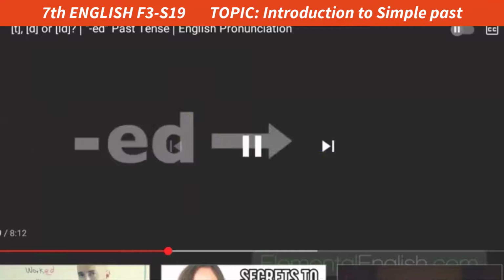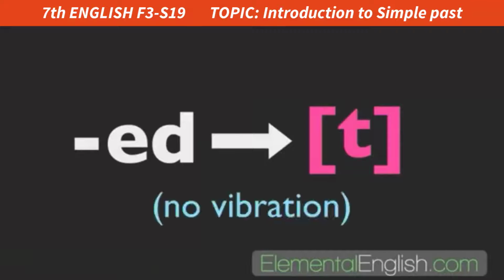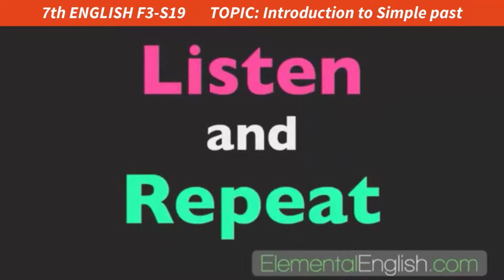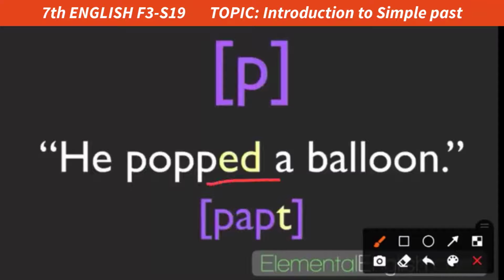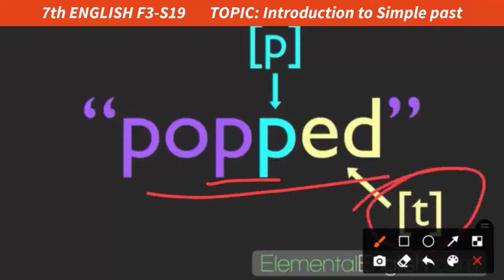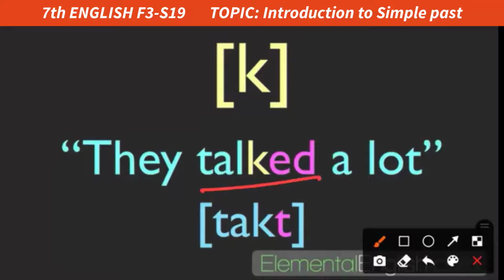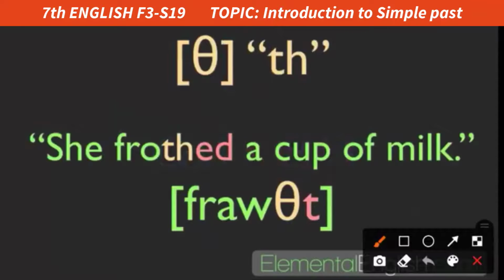Cause the ed ending to be pronounced as the voiceless t with no vocal cord vibration. Listen and repeat. He popped a balloon. Popped. They talked a lot. Talked. She frothed a cup of milk. Frothed.